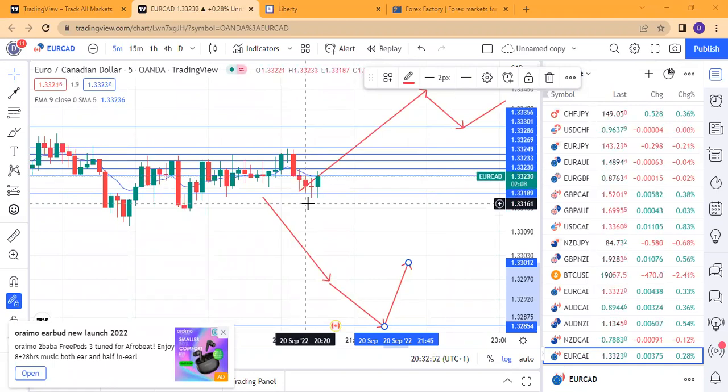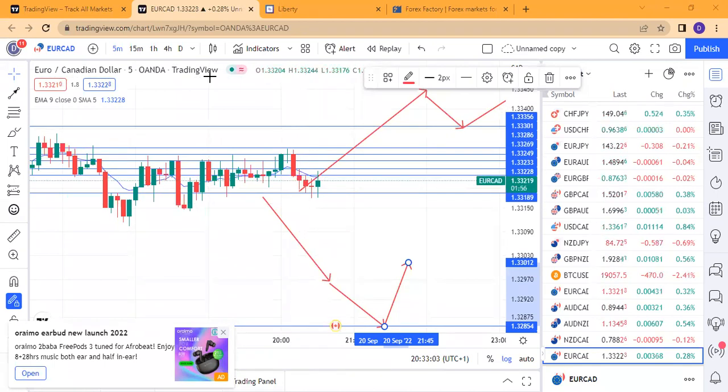If it's in a present candle, you mark the wick, the lower wick, not the body. Jessica, you mark the wick, not the body of the present candle.